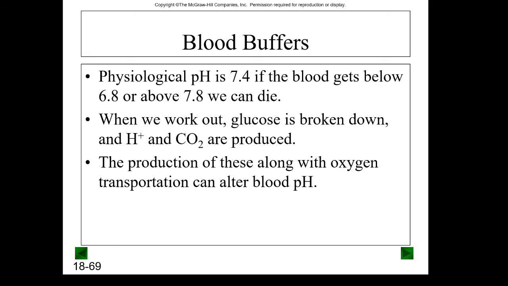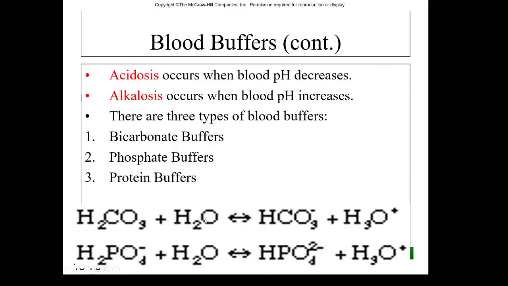If we go above 7.8 we could die, and below 6.8 we could die. So we need to have built-in buffers, and we do: bicarbonate buffers, phosphate, and protein buffers. Here's a bicarbonate buffer. Here's your acid, and here's the conjugate base that goes with it.